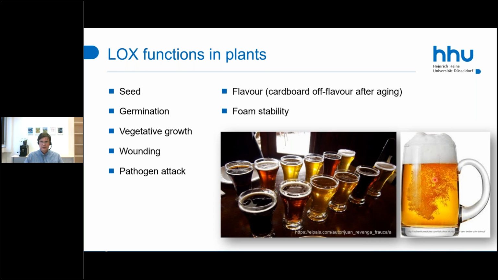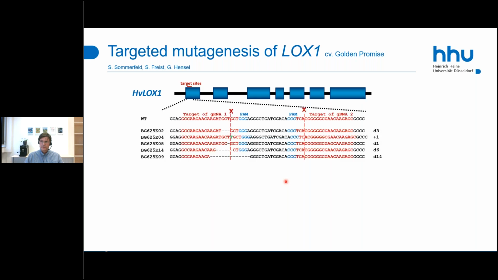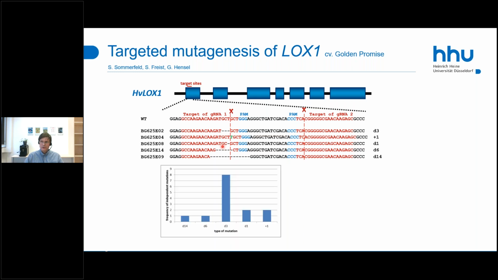By just interfering with this one gene, we can use more or less the same background and can make beer for UK or for German markets. The LOX1 gene consists of 7 exons. Here we also chose our target site in exon 1, and we got mutants in our regenerants.